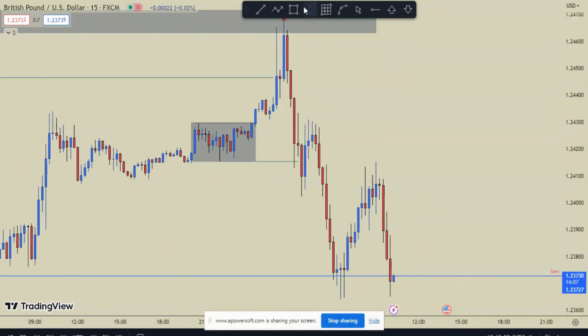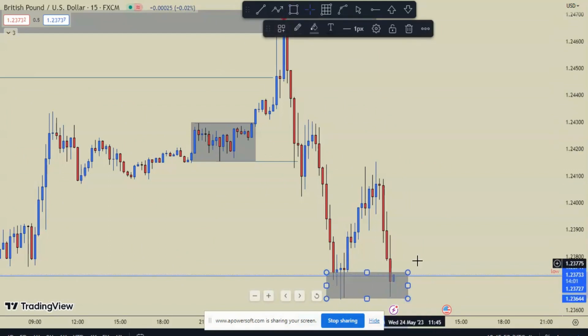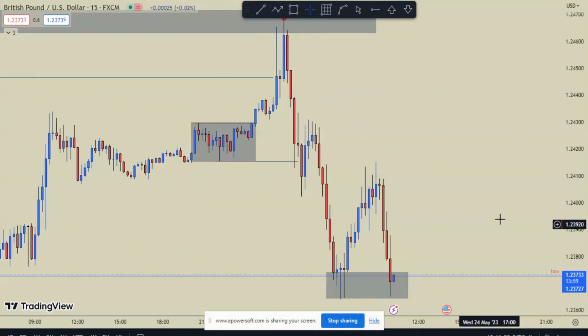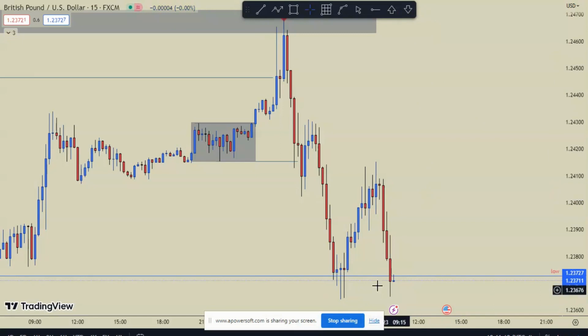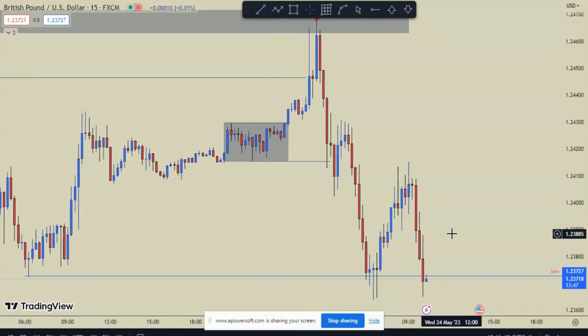Because now let's say the market has reached here. So what next? And if at all we are buying, up to which point? So you need to have that strategy.